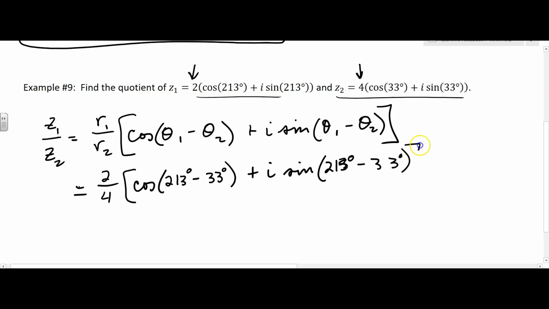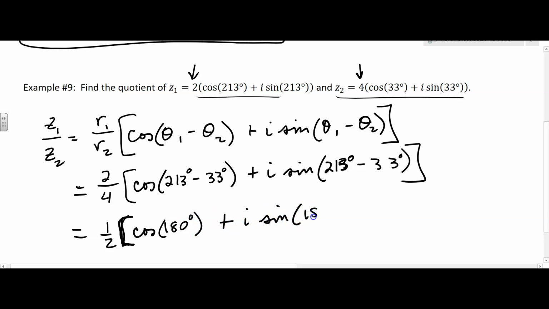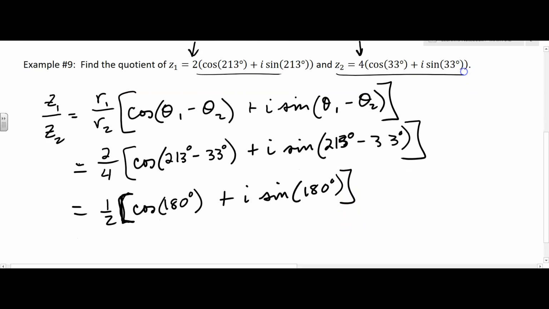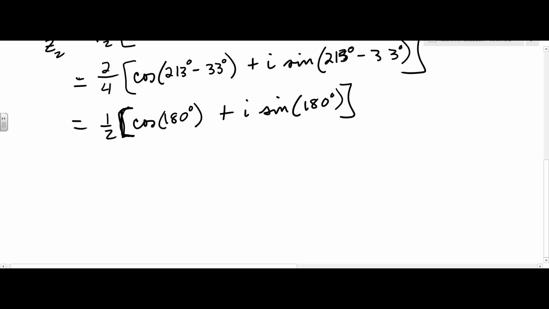Okay, so 2 over 4 is going to be 1/2. And then we're going to have the cosine of 180 degrees plus i sine 180 degrees. But we know cosine of 180 degrees and sine of 180 degrees.